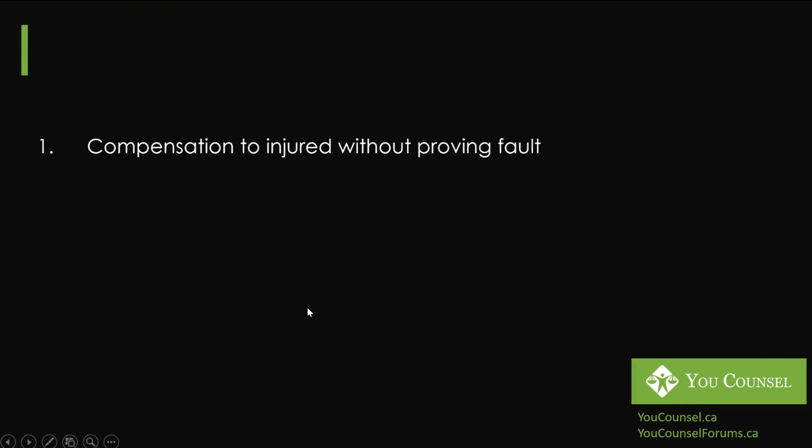Strict liability. Now, what you want to keep in mind in strict liability is this basic concept: the injured person does not need to prove fault by the wrongdoer. They don't need to establish that. As long as there is an injury in strict liability cases, the injured person needs to be compensated. That's it. Proving the fault is not required, and that's why it's called strict liability.